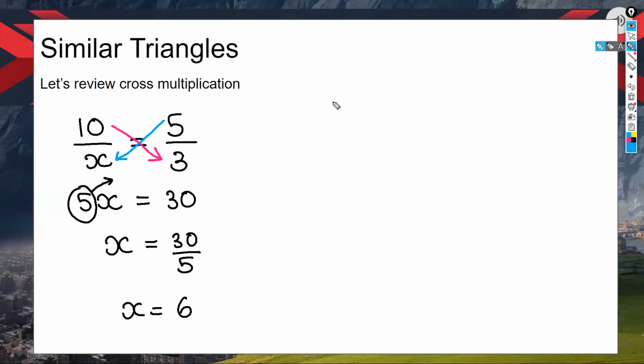So if I have 7 on 3 is equal to 2x minus 1 divided by, let's say, 10, I want you all to solve for x. Remember, you want to multiply this diagonal first because this diagonal involves the letter x. Okay? Take your time and cross multiply properly.